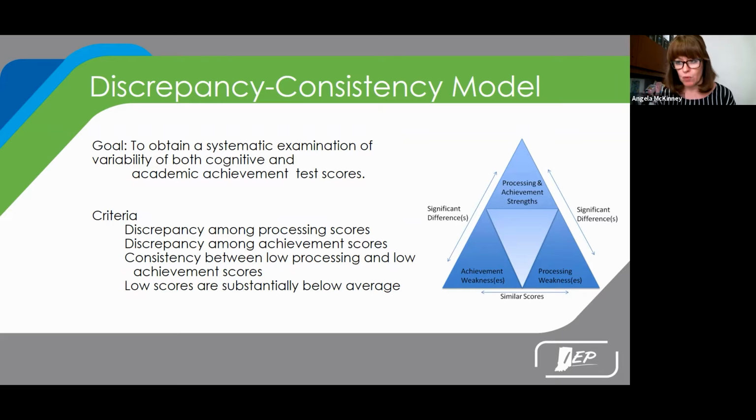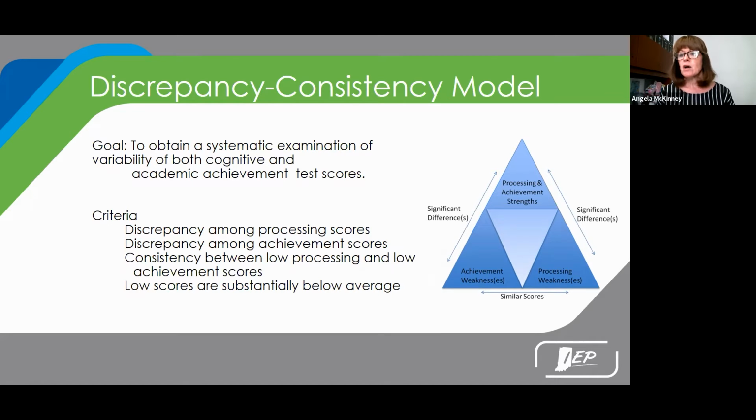90 is not low in any way, shape, or form. It may be a relative weakness for somebody, but it is not a substantially low score. It is not below average. 86 is really not below average, right? And sometimes we have a hard time explaining that to people when I had a real strength in something else that was like a 115.